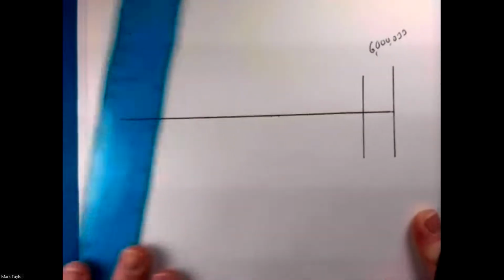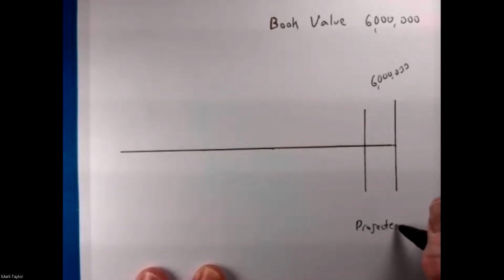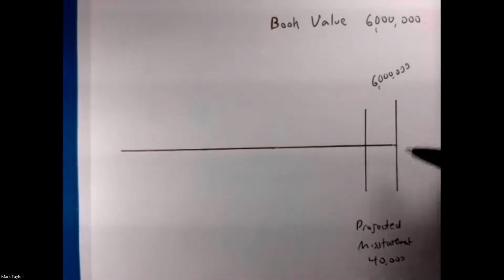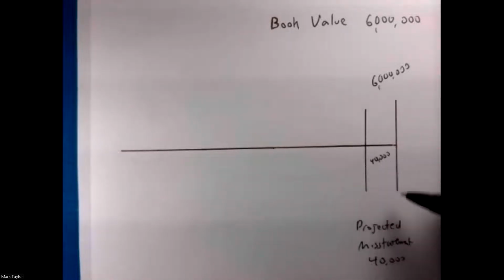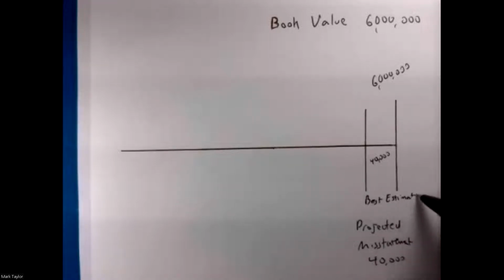This isn't to scale, by the way. So we're saying that there's 40,000 that it could be off by, that is our best estimate.